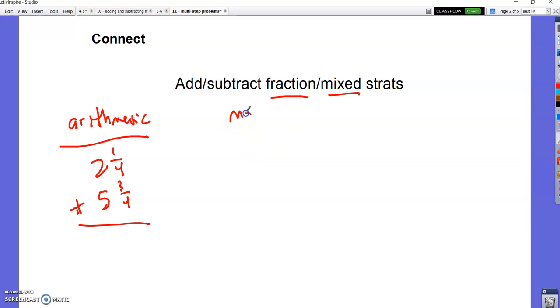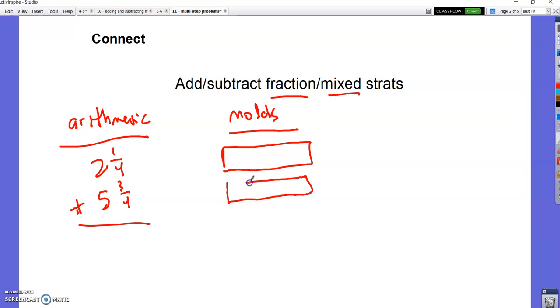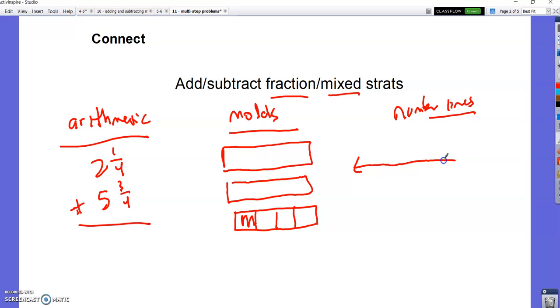We also use models, so that would be kind of drawing strategies, and those are very helpful sometimes. And we also use number lines. And all those are great strategies to help you add and subtract mixed numbers and fractions in a way that is reliable and will get you where you need to go.